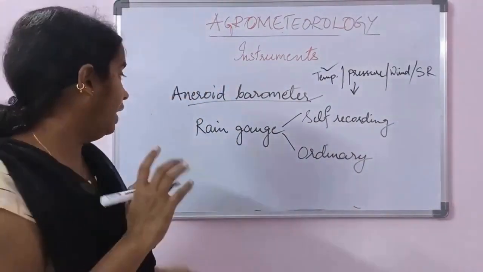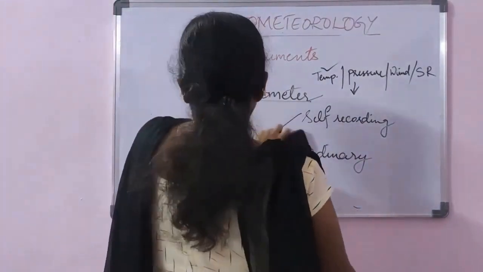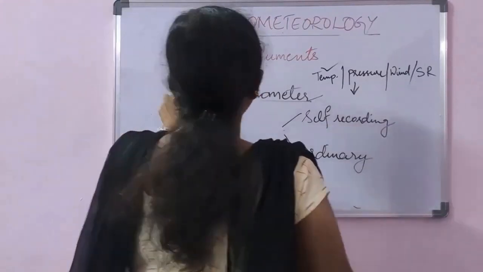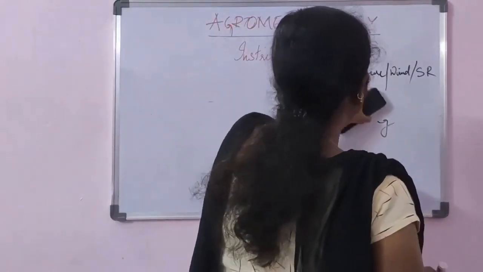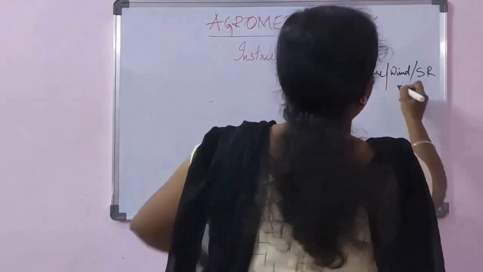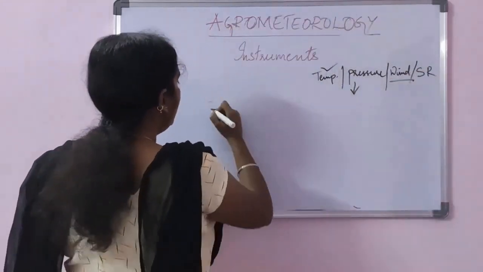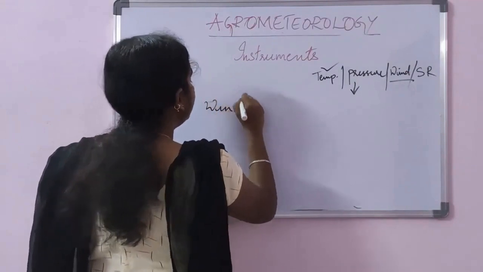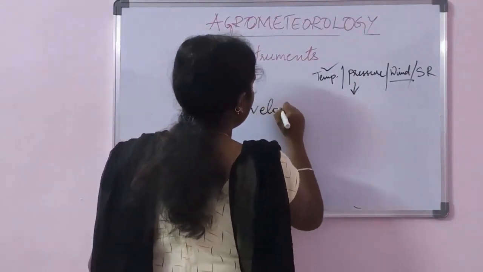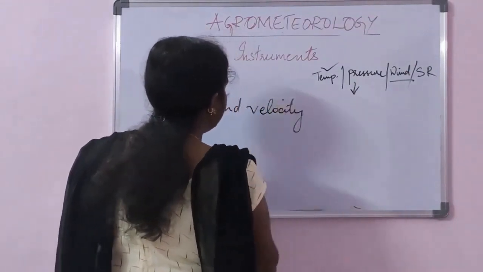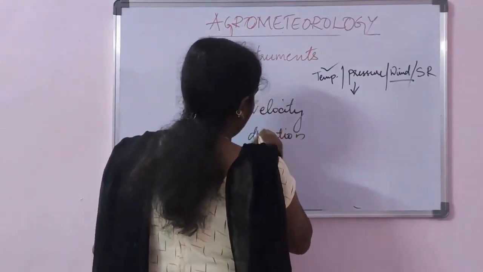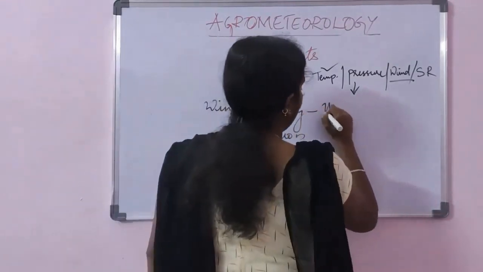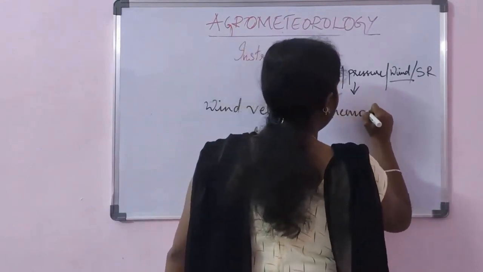different time durations. Now, we shall know about the instruments which are used for measuring wind. When we say wind, one is wind velocity and the other one is wind direction. For wind velocity, we have an instrument, the anemometer.